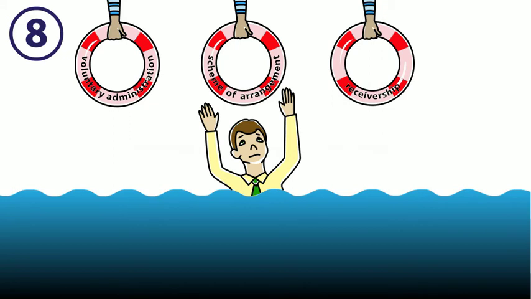The main aim of voluntary administration is to maximize the chance of corporate survival. But if that's not possible, then the alternate aim is to get a better return for creditors than an immediate liquidation.